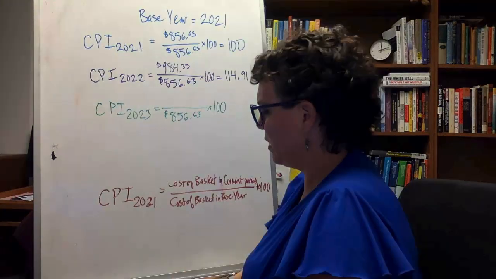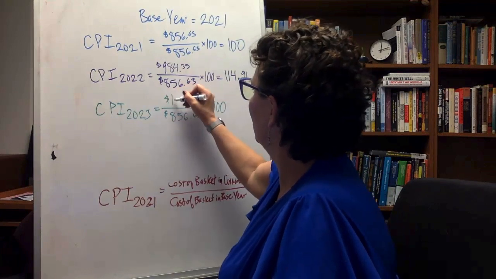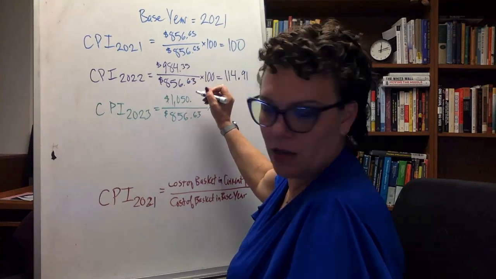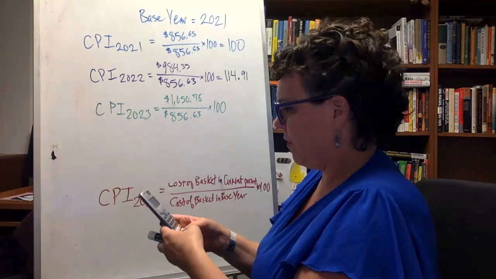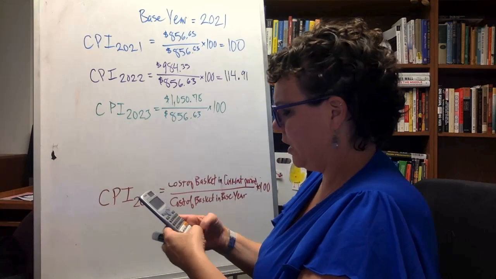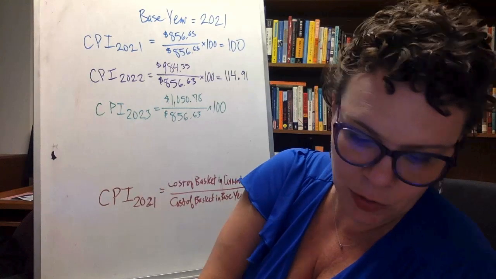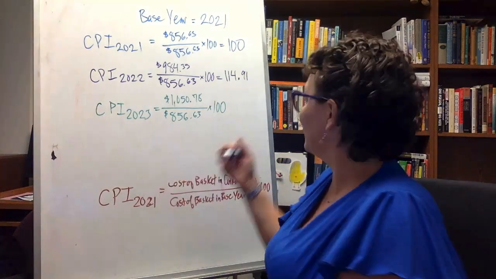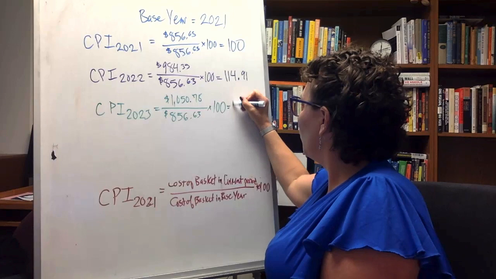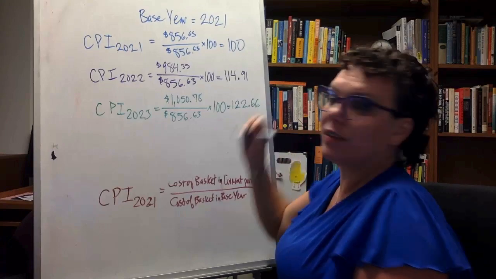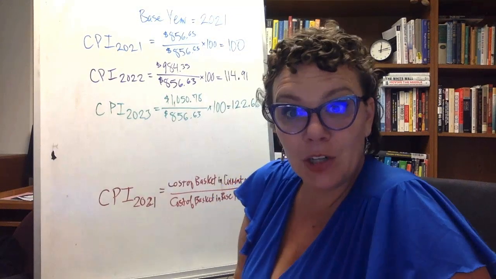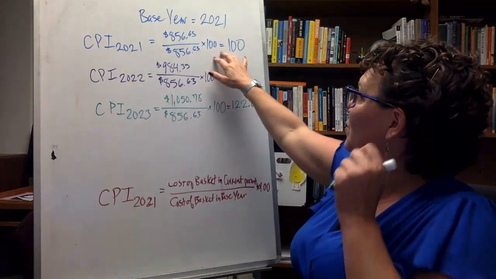So we plug in the cost of that basket, and then we can do our calculation. 1050.78 divided by 856.63 gives us 1.22664, times 100 is going to be a CPI of 122.66, rounding to the second decimal. Cool? So now we have CPIs for all these periods.